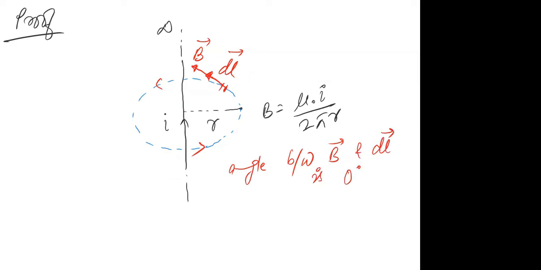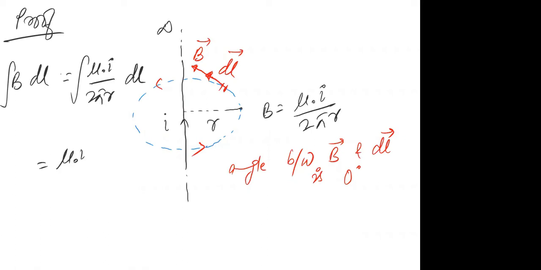Once we have got this angle, we can now use the statement of Ampere's law and see whether we get the result or not. So we'll integrate B·dl and check what we get. B·dl is equal to the magnetic field, μ0 I divided by 2πr, times the integration of dl. This whole quantity μ0 I by 2πr is constant, because I told you the magnetic field is constant, and that is why we have taken a circular loop.